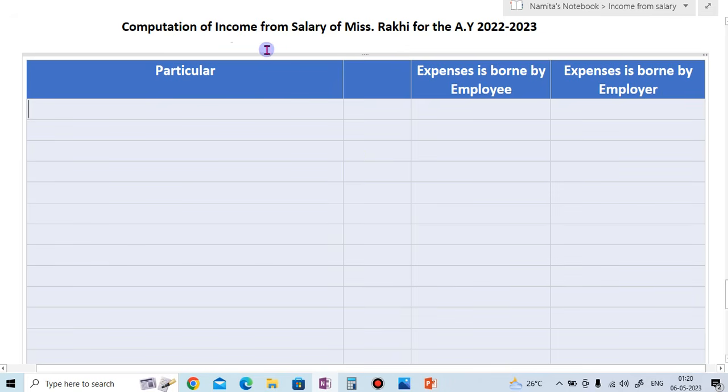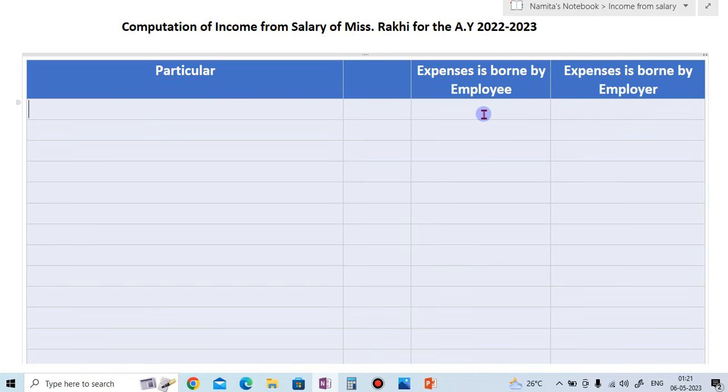We are going to find what will be the net income from salary of Miss Raki if the expenses are borne by the employee, and what will be the net income from salary if the expenses are borne by the employer.